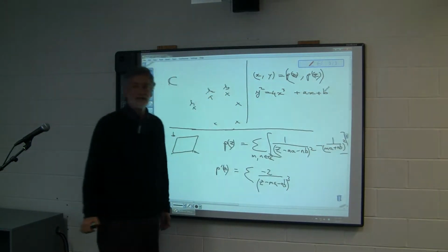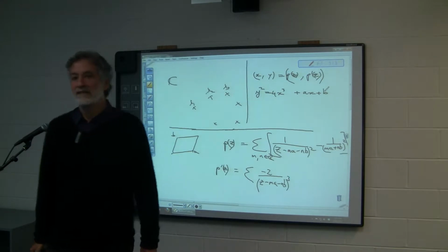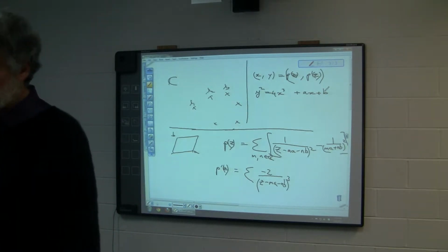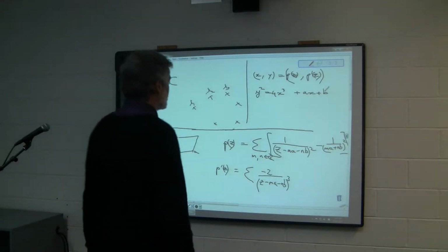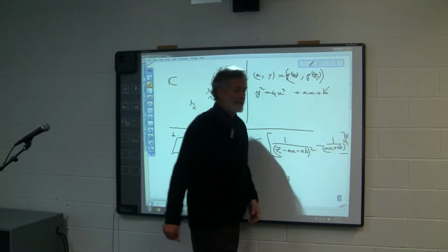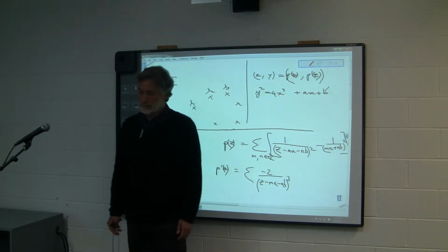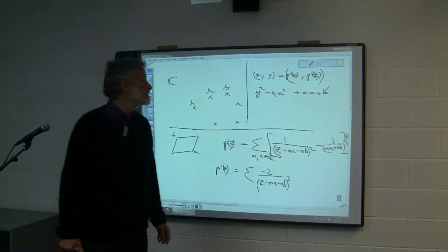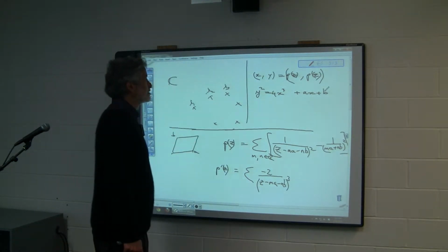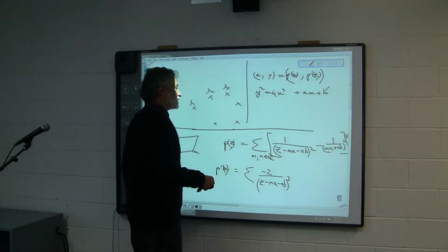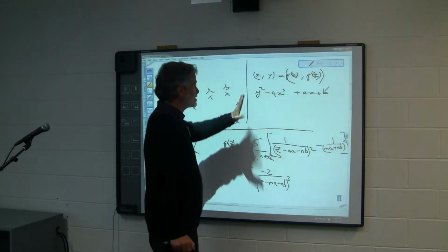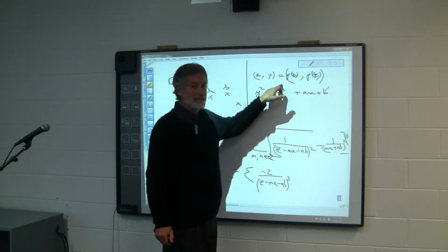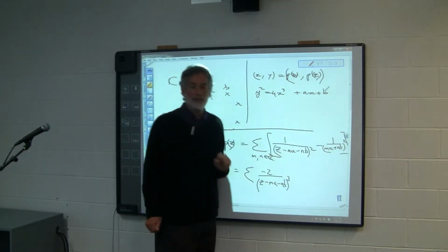So there exist constants a and b such that y squared is equal to 4x cubed plus ax plus b. So that's the first thing. They're not unrelated. They satisfy this differential equation.